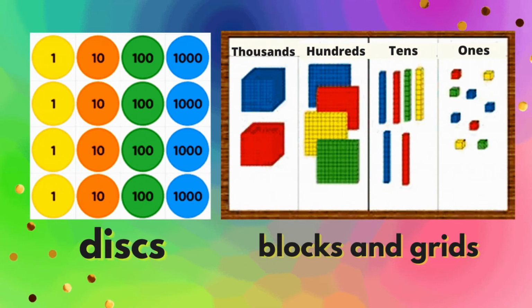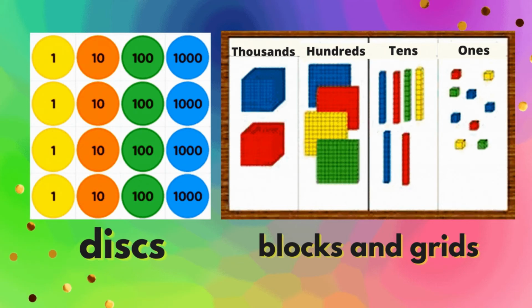Remember, to visualize and represent numbers up to 100,000, we must separate or group by 10,000s, 1,000s, hundreds, tens, and ones of a number. One way to represent the number is using blocks.